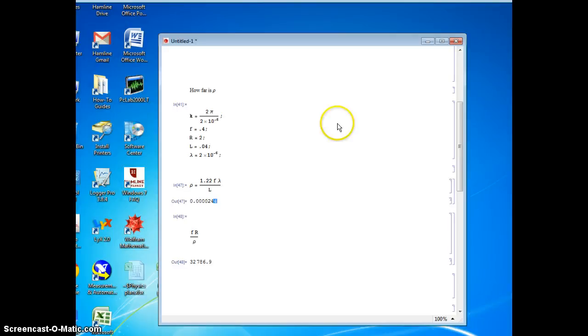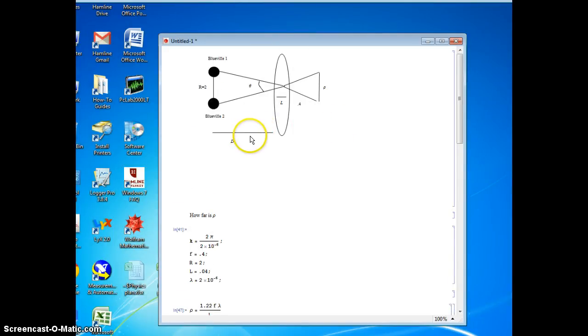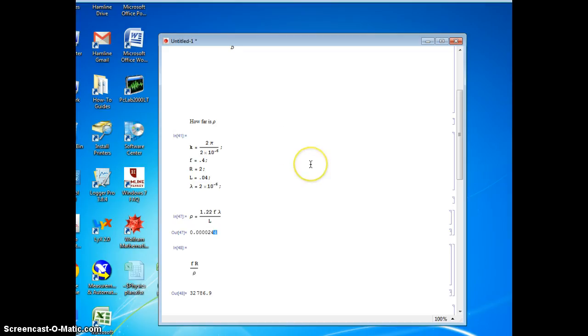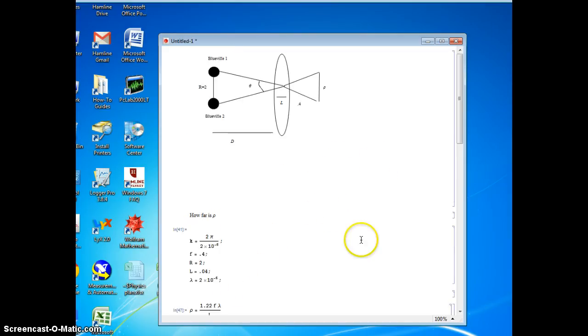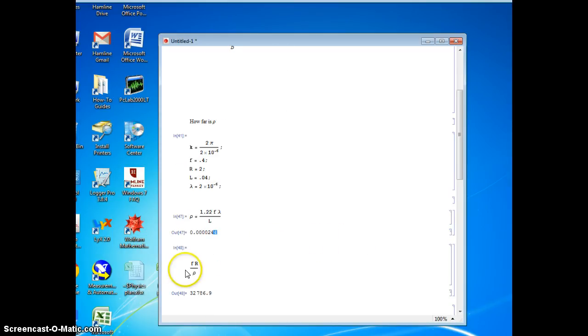And then to determine this distance d, there's a ratio where d over f equals r over rho. So to solve, d equals f r over rho.